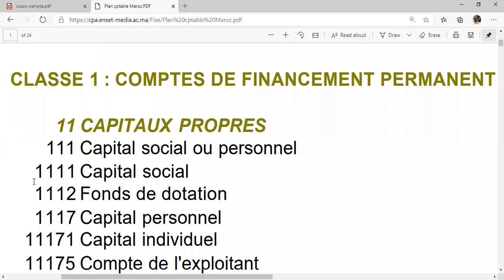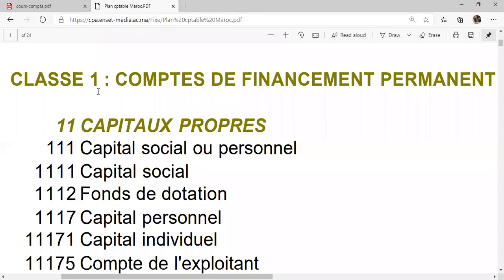Okay. So starting from the very first, we are going to start the build up again. I said the first figure is what we call the mass. In a situation where we have capital social, we're going to learn the build up from the first figure all the way to the fourth one. Then we'll change to capital personnel because it has an extended figure, the fifth one. The first figure is the class or the mass, whatever you choose to call it.